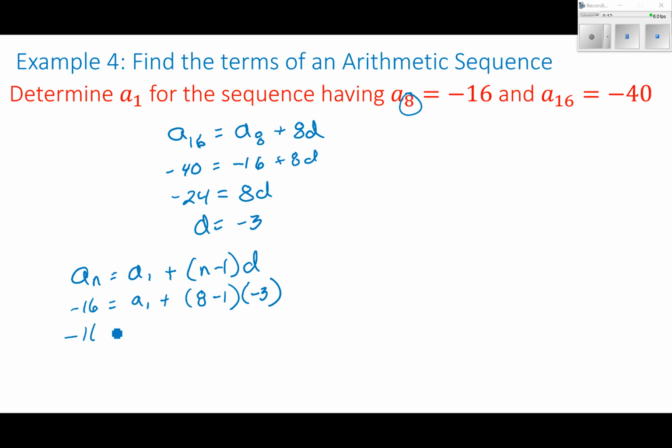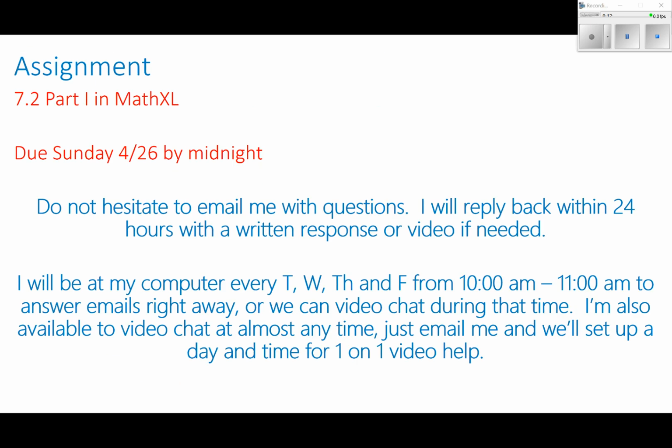So this is negative 16 equals a sub 1. 7 times a negative 3 would be a negative 21. If I add that over, I'll end up with 5 equals a sub 1. So determine a sub 1 for the sequence. The first term of this sequence would be 5. So along the way, I also found out that my common difference is negative 3.